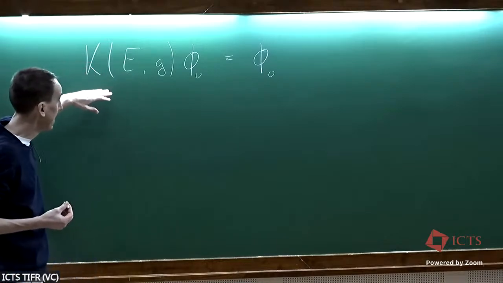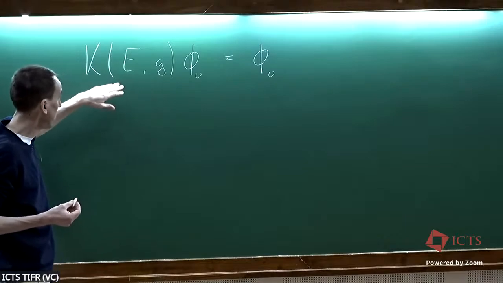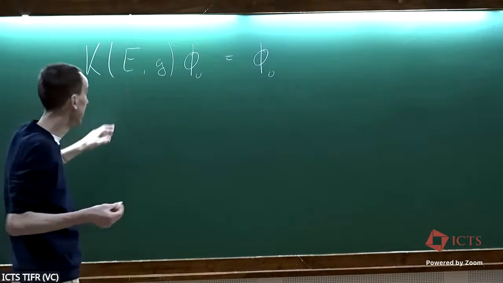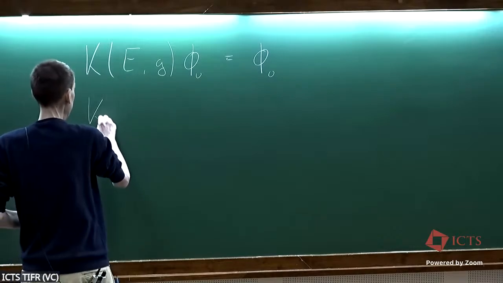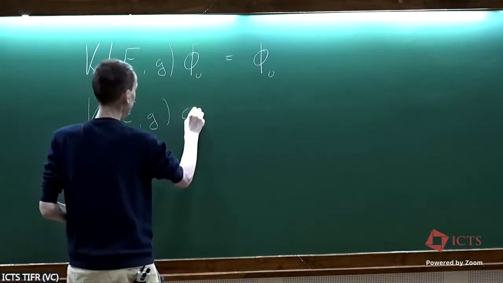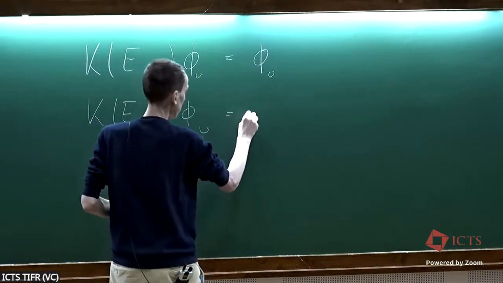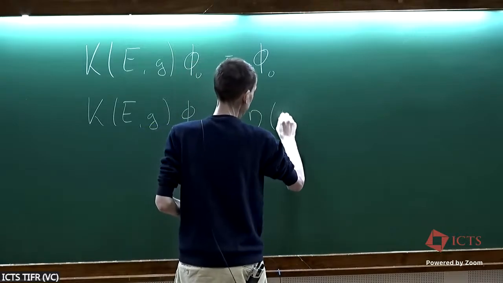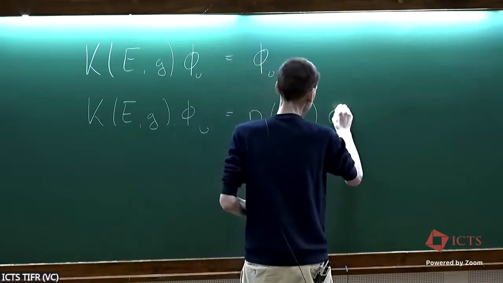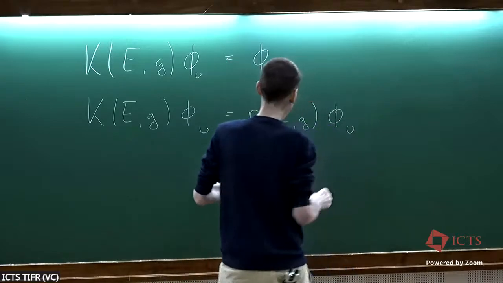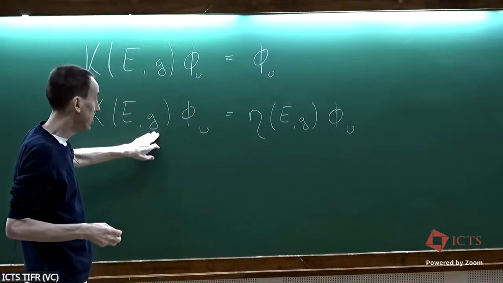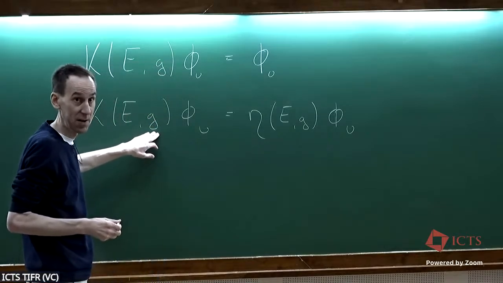Now we can analyze this equation also for energies which do not correspond to a bound state energy. Then in general, this equation will be also an eigenvalue equation, but now for an eigenvalue which becomes also a function of this parameter, the energy, and g, which is the coupling constant.